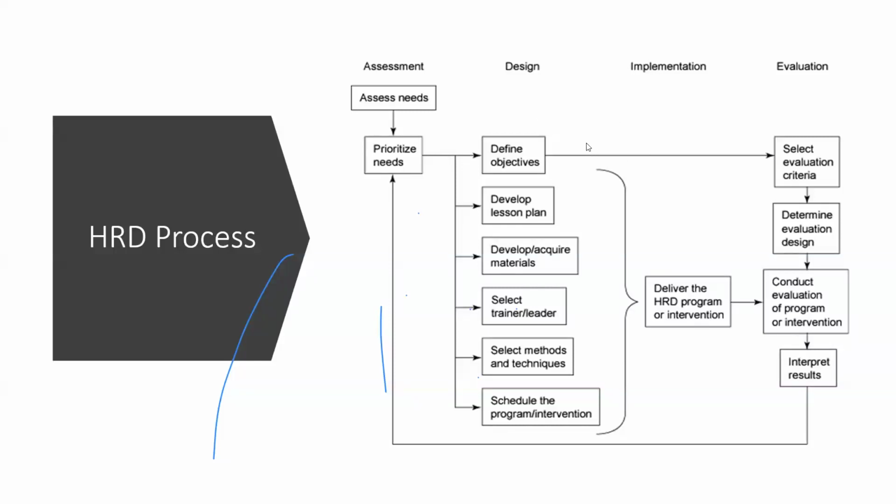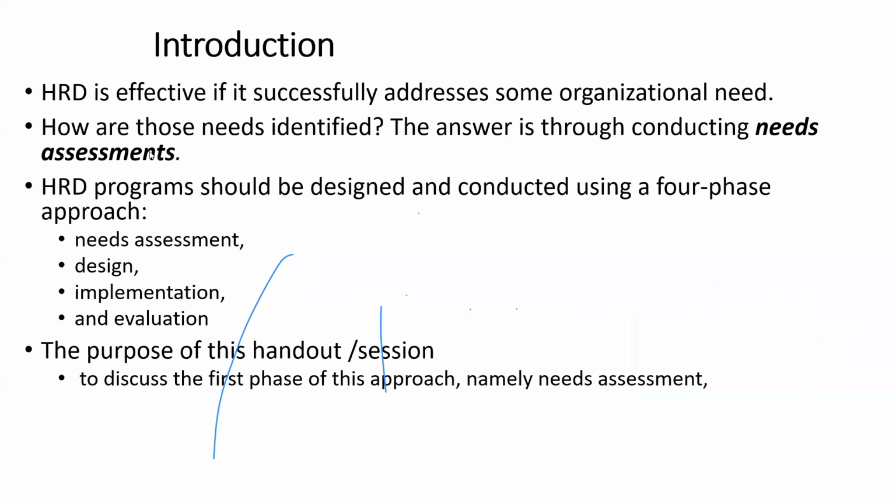The entire process is taught one by one in the coming weeks. For today, I'm going to discuss the first step, how you can assess the training needs or HRD needs or development needs. This entire process is called the HRD process, right?